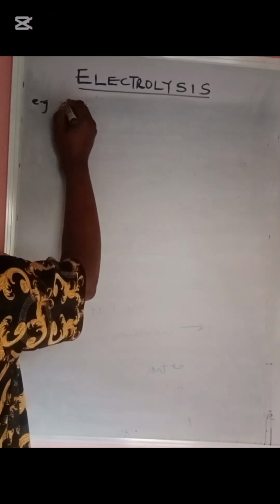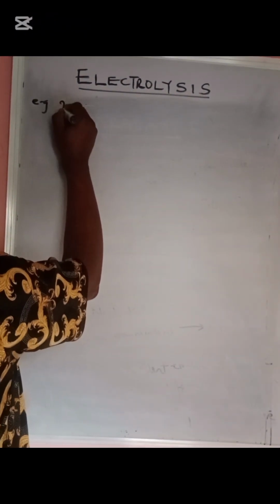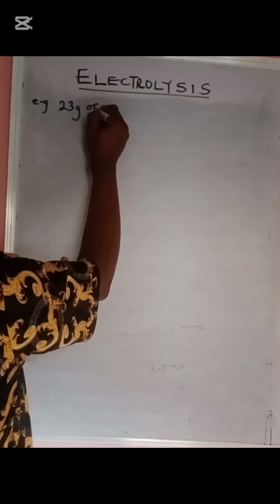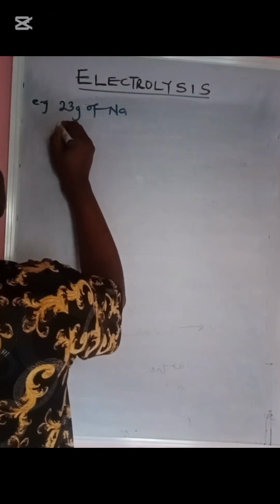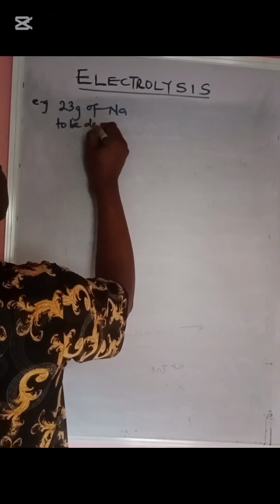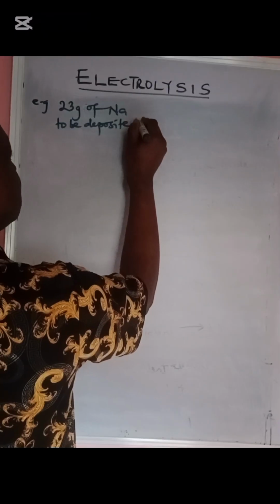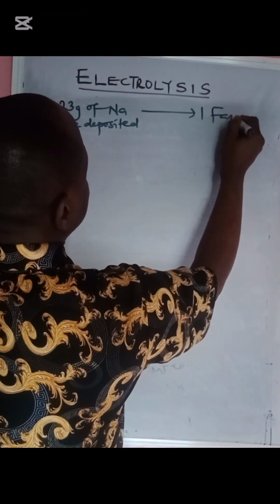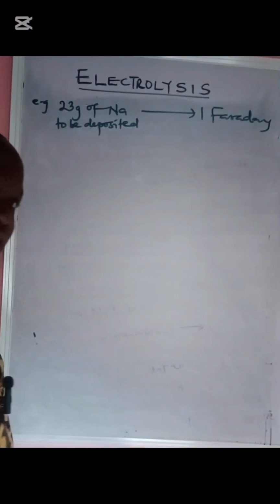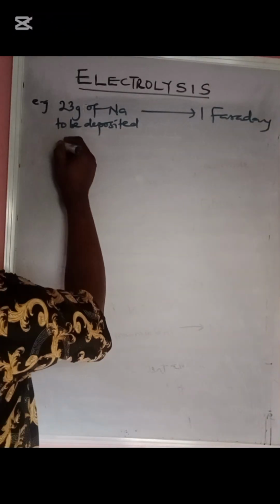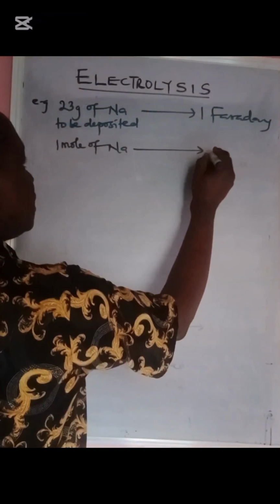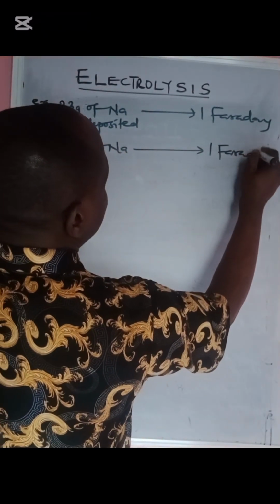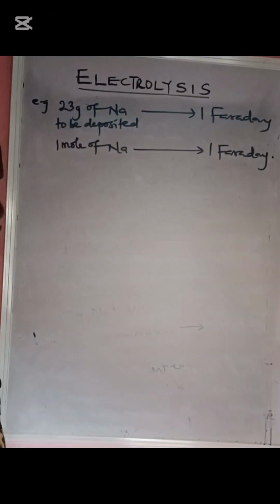E.g. for sodium, the mass number is 23. It means 23 gram of sodium will be deposited by 1 Faraday because it's monovalent, or 1 mole of sodium. 1 mole of sodium is deposited using 1 Faraday of electricity. Please take note of that.